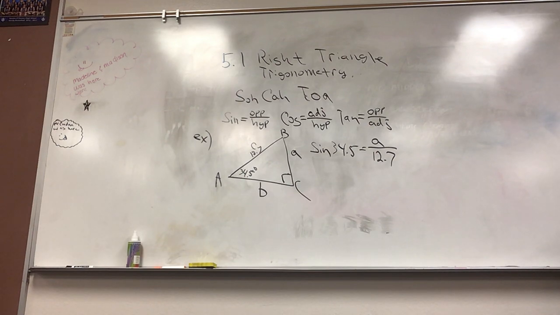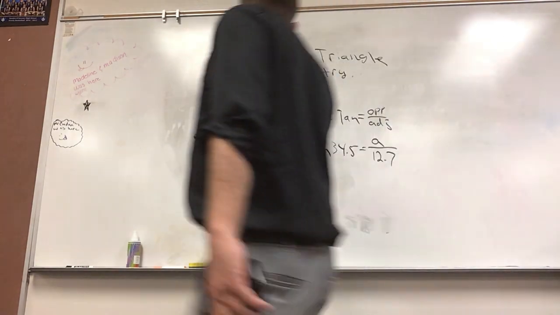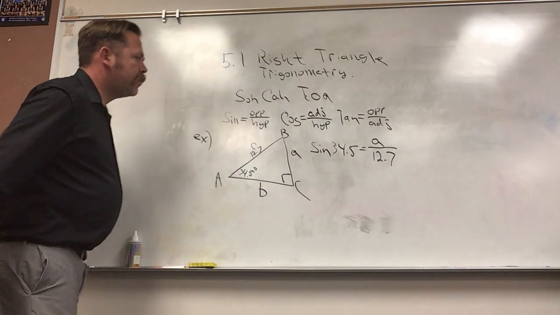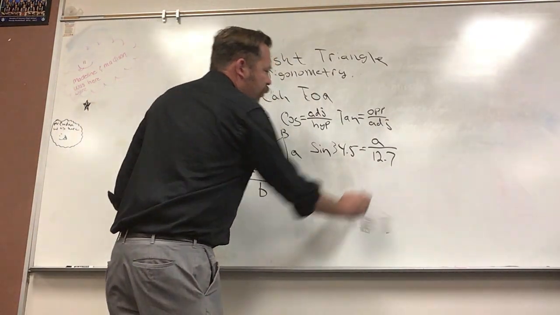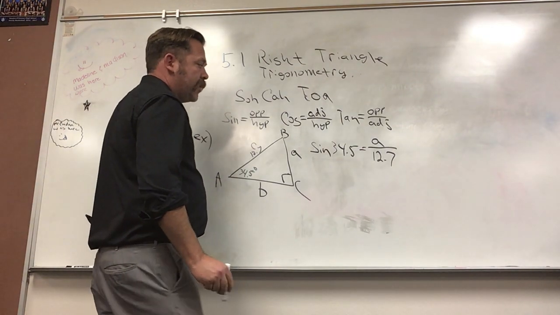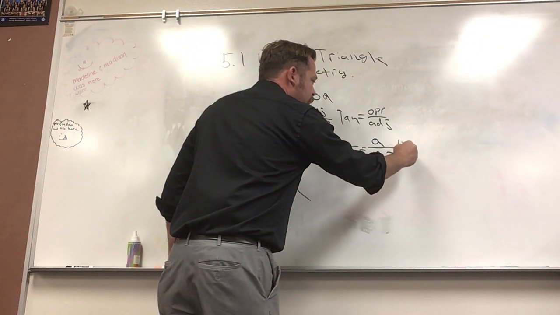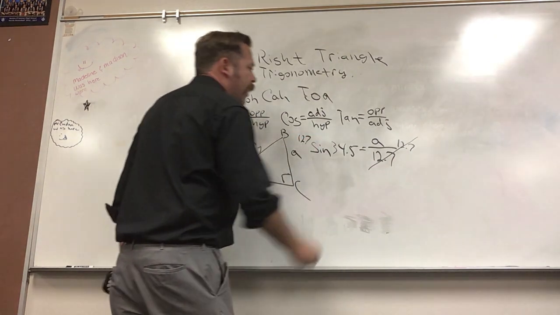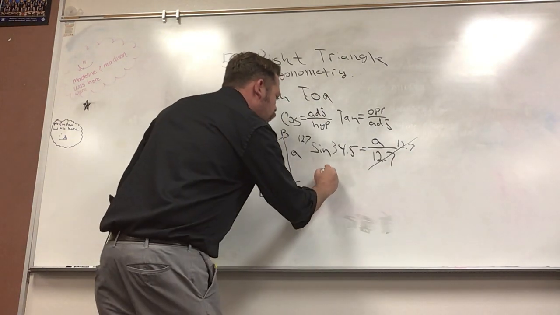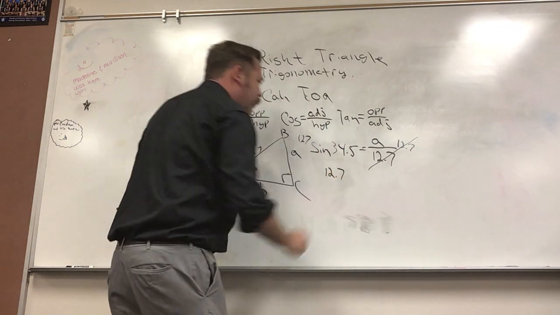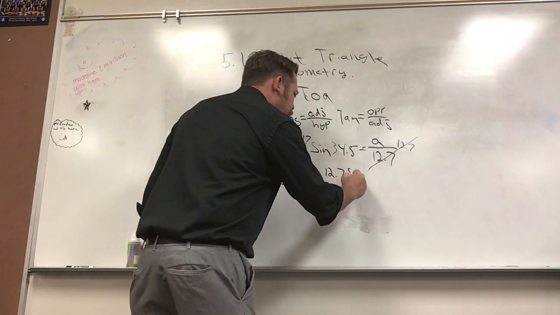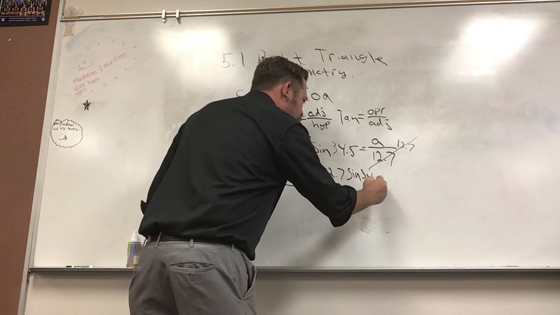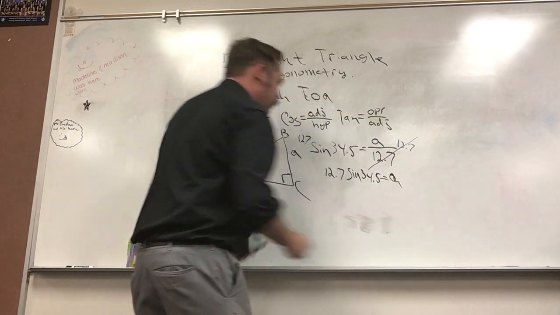So we're going to use algebra to solve for a. How would I get rid of this 12.7? I would multiply by 12.7 on both sides, and then that cancels. So I have 12.7 times sine of 34.5 equals a.